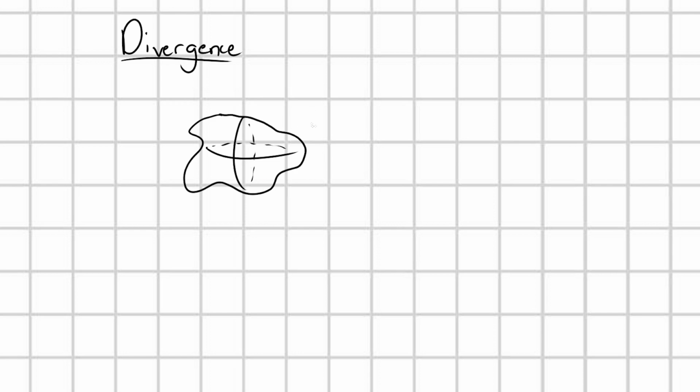And let me go ahead and call this surface S. Now, a vector field, remember, assigns a vector at every point in Euclidean space. So we could imagine that at the surface S, we have a bunch of vectors, right? And I'm going to draw them all pointing outward for this example.